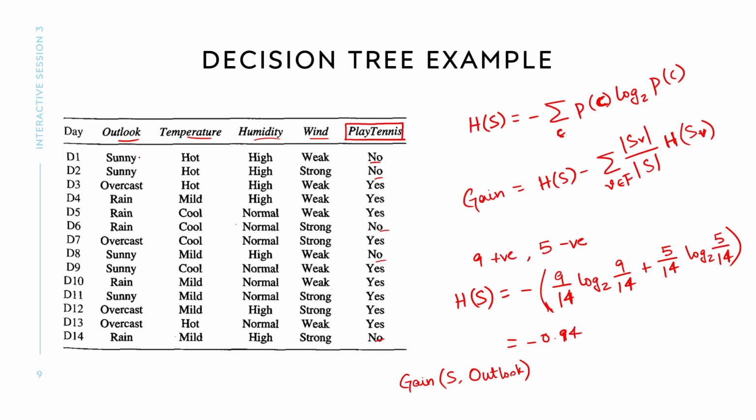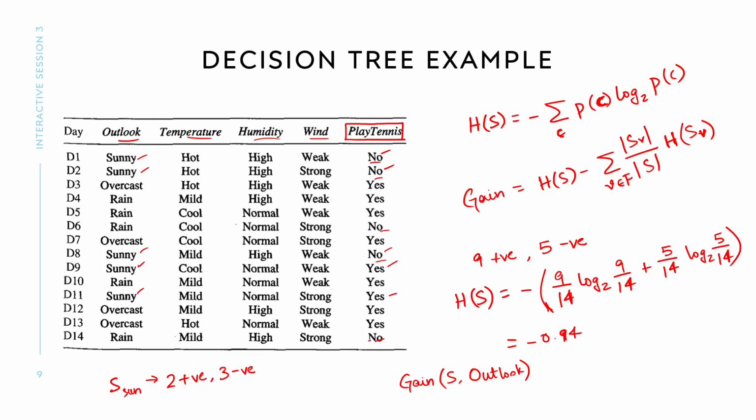If my value is sunny, how many do I have? One, two, three, four, five. Five examples of sunny. So for S sunny, I have two positive and three negative, right?